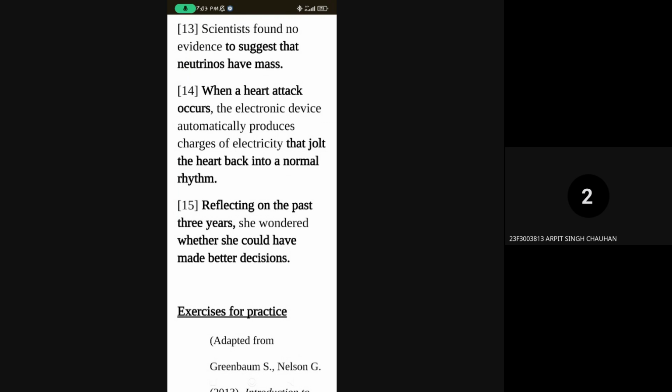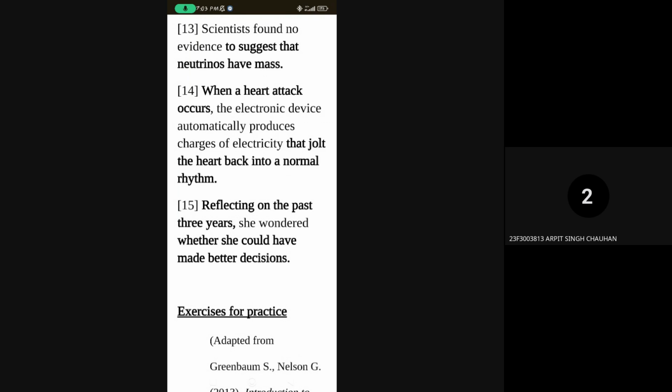Now, the last part: "that jolt the heart back into a normal rhythm." What kind of subordinate clause is that? Adjectival clause. Correct. And what is the clause modifying here?